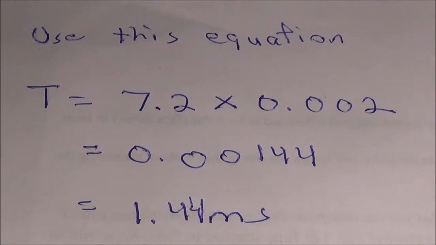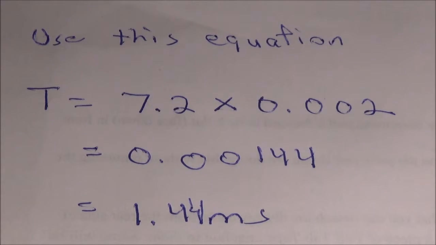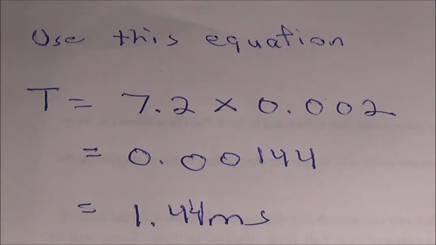So doing the math, we take the 7.2, which was our measurement, and multiply that by 0.002, which is 2 milliseconds. As you might remember, a millisecond is a thousandth of a second. So we get 0.00144. That equals 1.44 milliseconds.